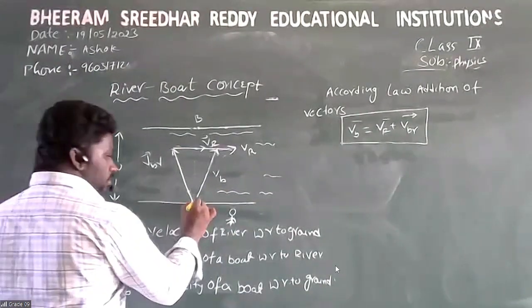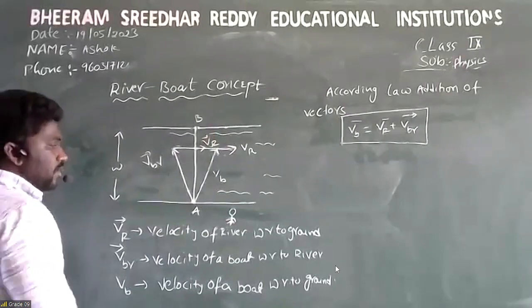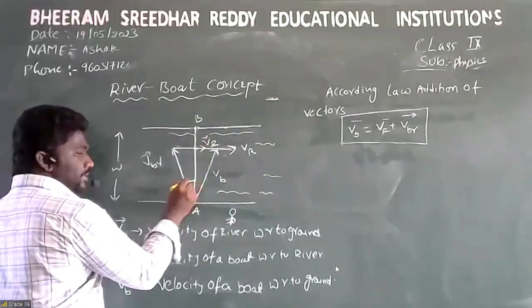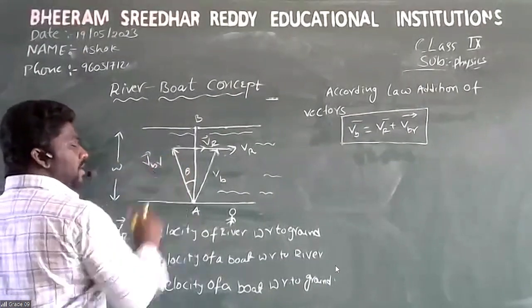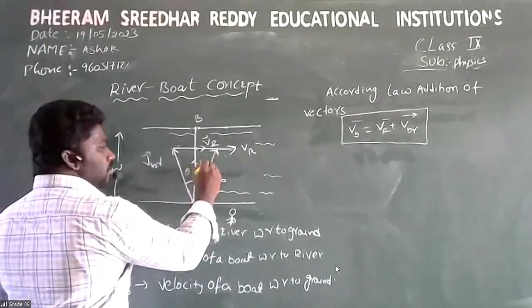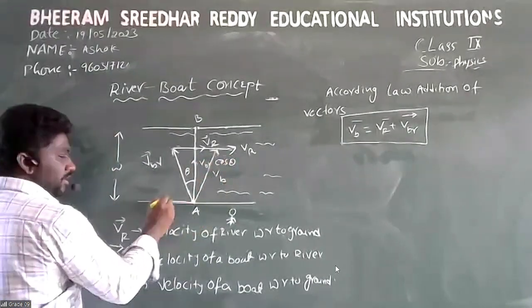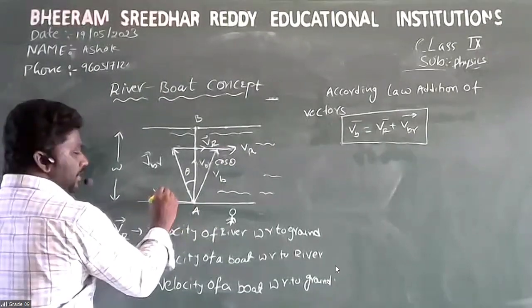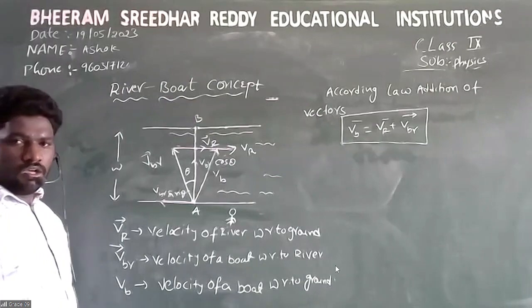For example, suppose you take the vertical and I take some angle theta. Now VBR can be resolved into two components. Along the vertical it is VBR cos theta. The remaining side gives VBR sin theta.